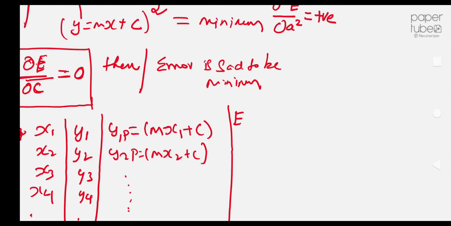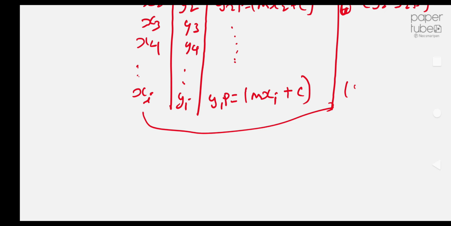That will be equal to y1 minus y1 predicted, similarly y2 minus y2 predicted, and finally for x of i, y of i minus y of i predicted.